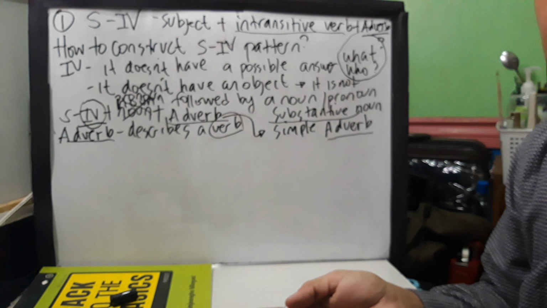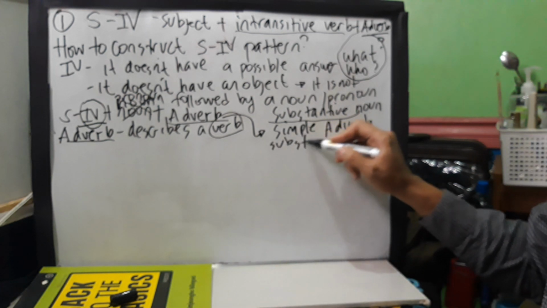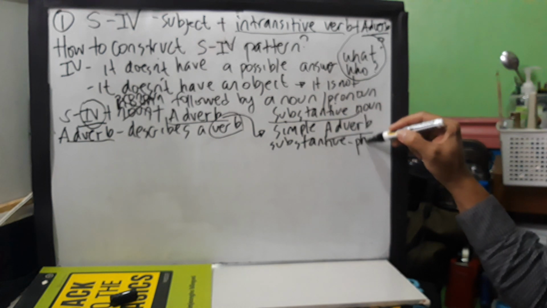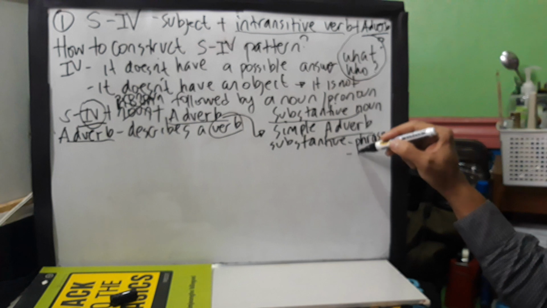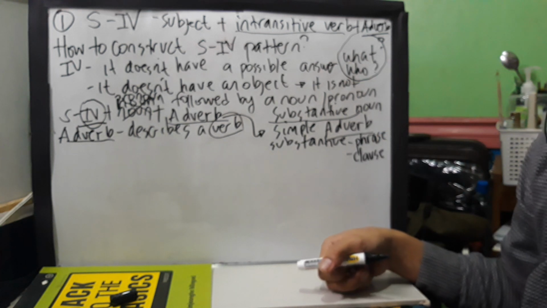After an intransitive verb, we can use a simple adverb like an adverb of place, time, manner, reason, possibility. Another one is the substantive of adverb, that is your adverb phrase. And you can also use an adverb clause after an intransitive verb.